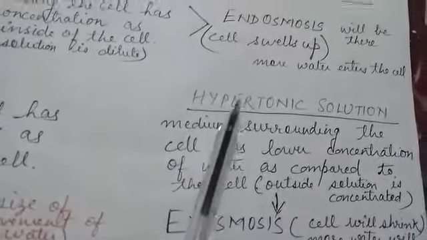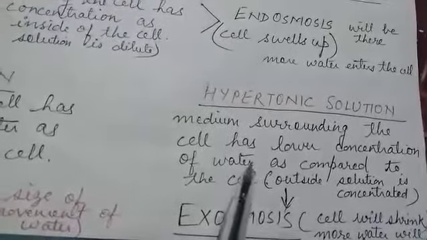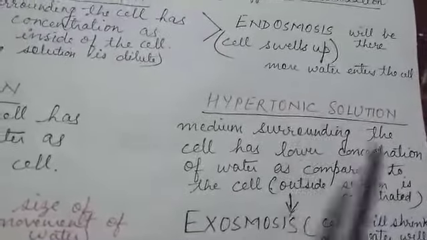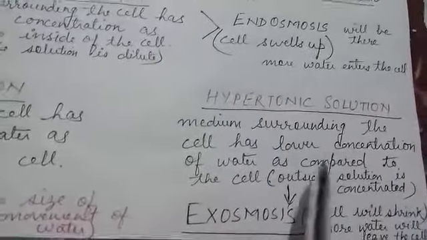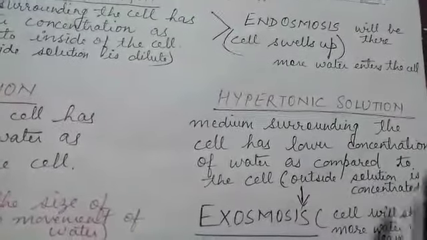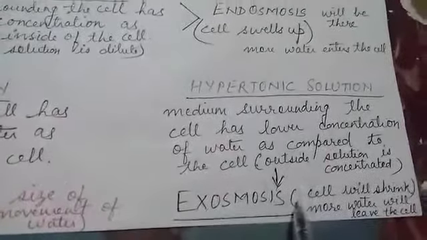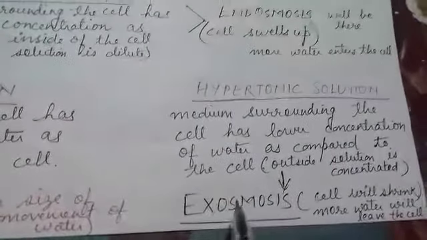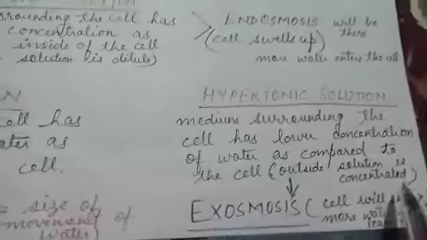And the third type is hypertonic solution. It is a concentrated solution. The medium surrounding the cell has a lower concentration of water, water is less, which means the surrounding solution is concentrated. In this, water is more inside the cell and less outside the cell. So exosmosis will take place, the movement of water from the cell to outside the cell.